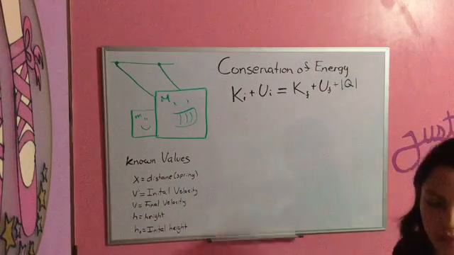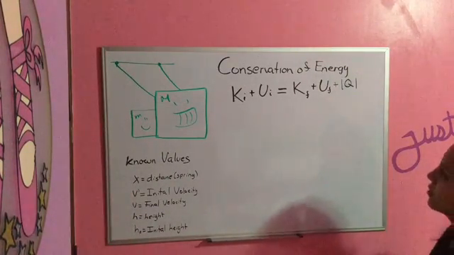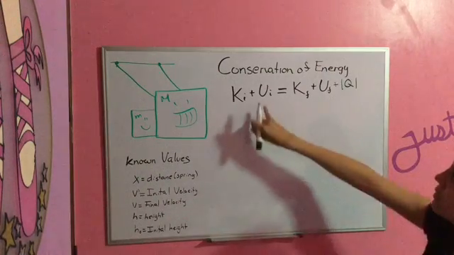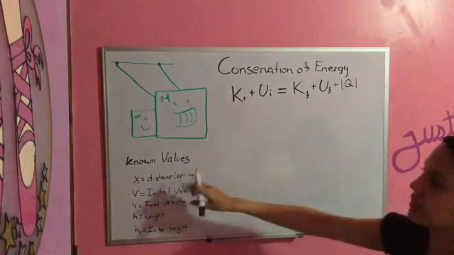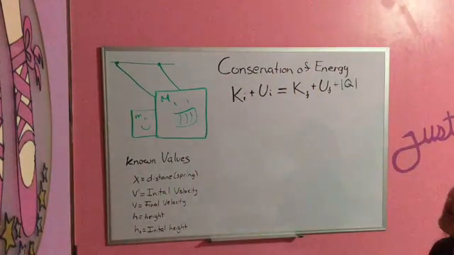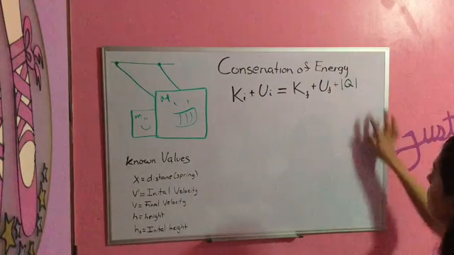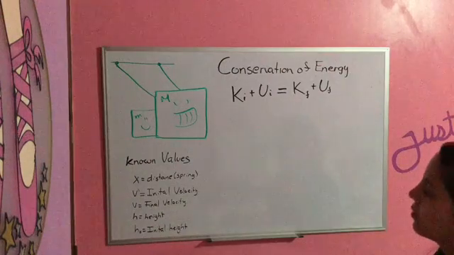Now we will move on to the final step. So we know that the conservation of energy formula is set by this equation. But since there is no air resistance and it's a frictionless surface, we won't have any Q, so we'll erase it.